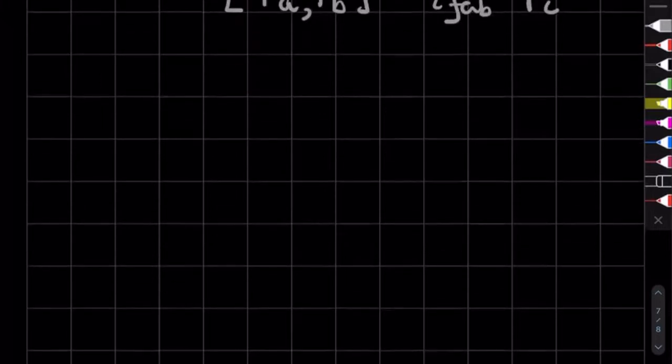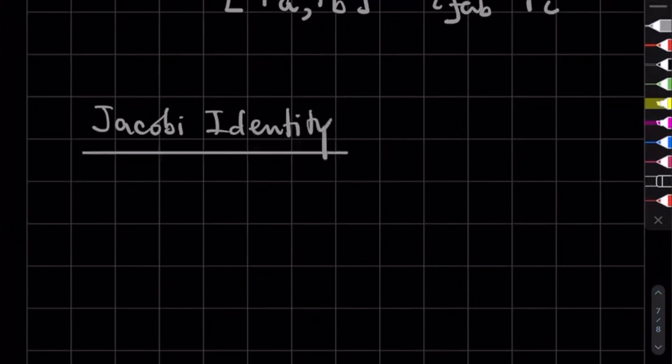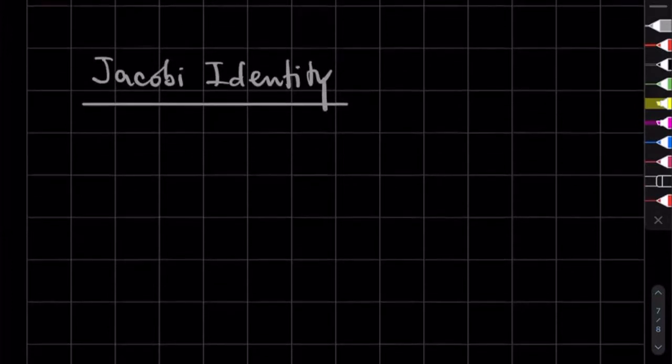So the way we do this is that we start with the Jacobi identity. We know that the Jacobi identity is satisfied for a Lie algebra. Let's write that out.